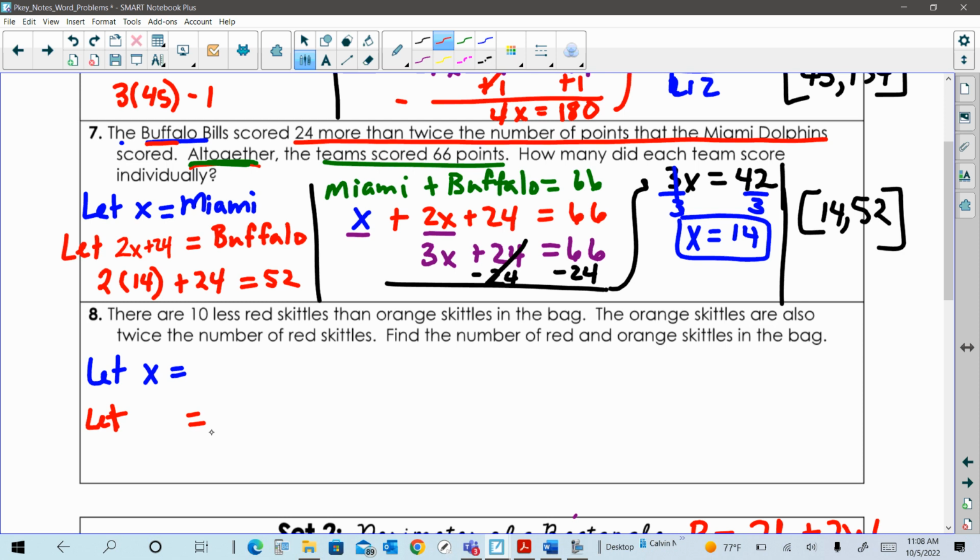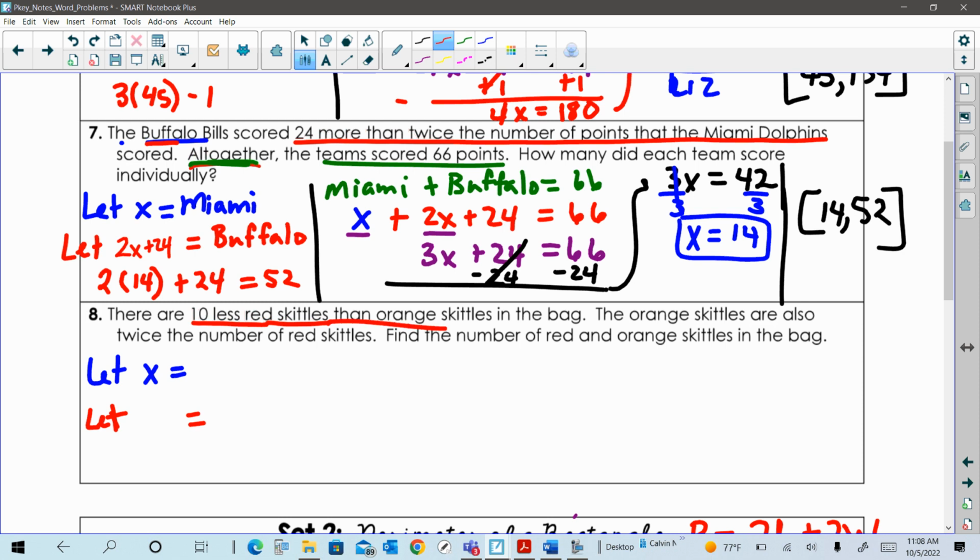All right, Jason, what do you think was the key information? Did you underline anything? 10 less versus. So just that part, 10 less red Skittles, then orange Skittles.